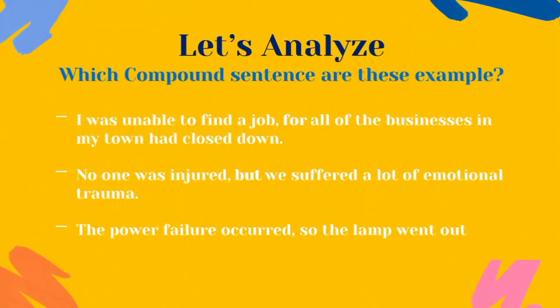So after we know about the types of compound sentences, let's try to analyze which compound sentence these examples are. For the first sentence: I was unable to find a job, for all of the businesses in my town had closed down.